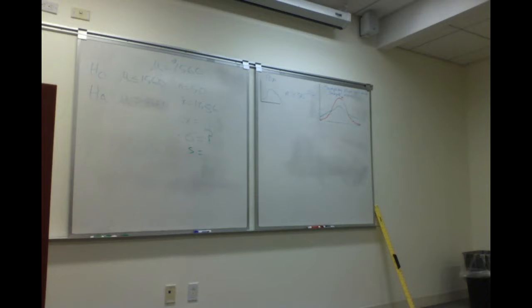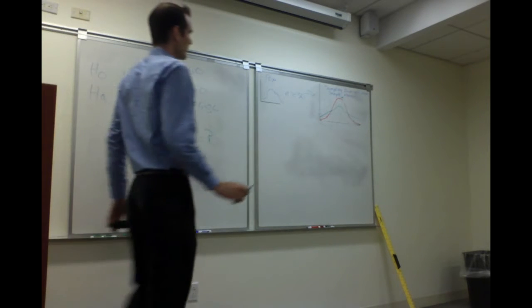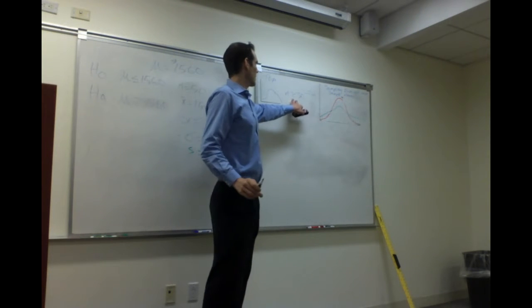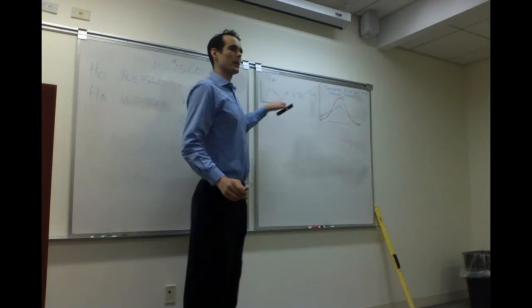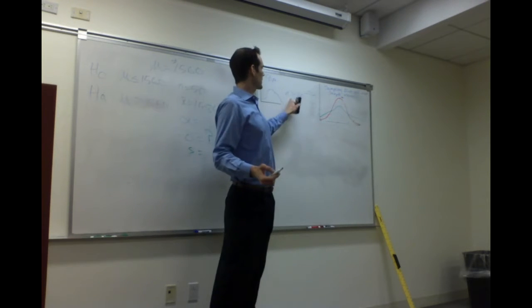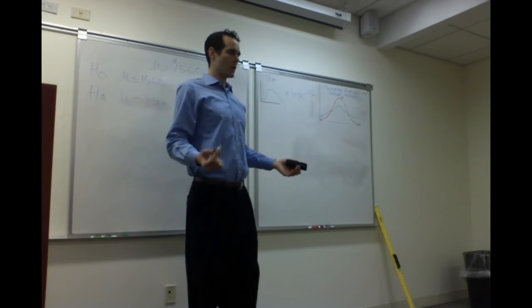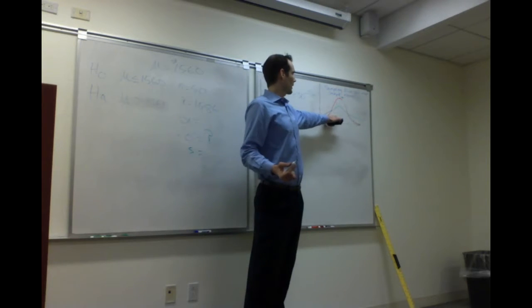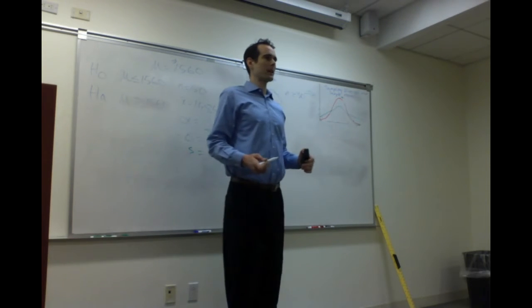Now, I mentioned a whole bunch of times that if we're taking a sample and we use a sample size above 30, we can assume that the sampling distribution of the sample means will be normal.